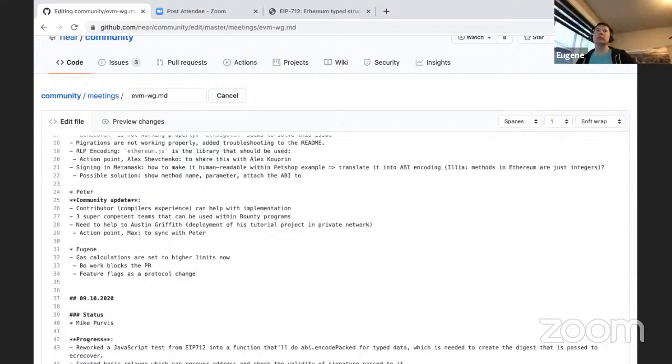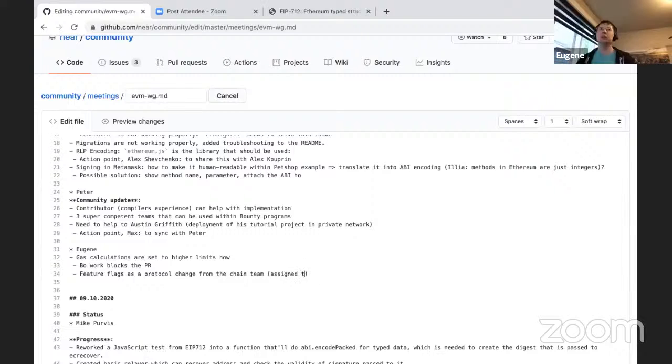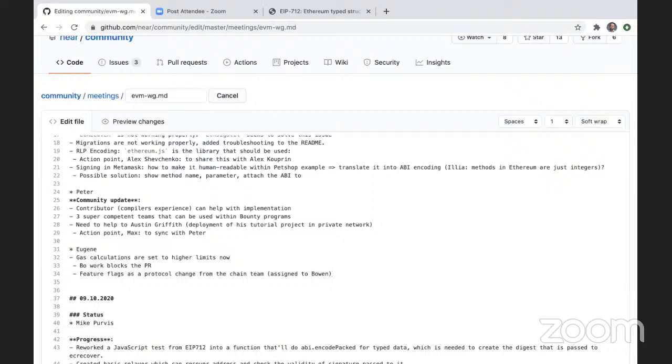I actually don't know if it's even a high priority right now. So I think it is. I mean, it's assigned to Bowen right now, so probably Bowen is. Bowen will look into this. Okay. Yeah, but I didn't have enough time to look, so I didn't spend enough time.